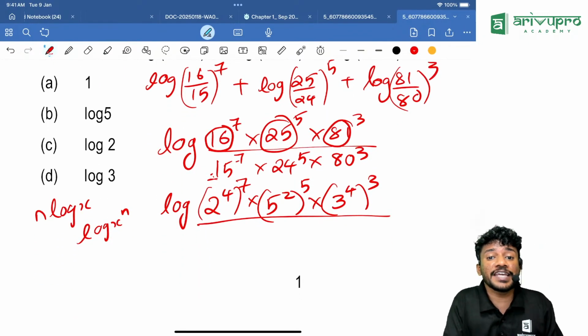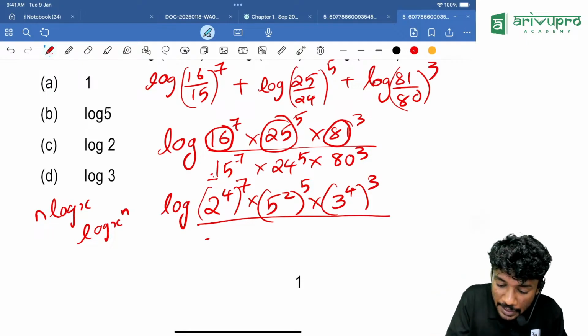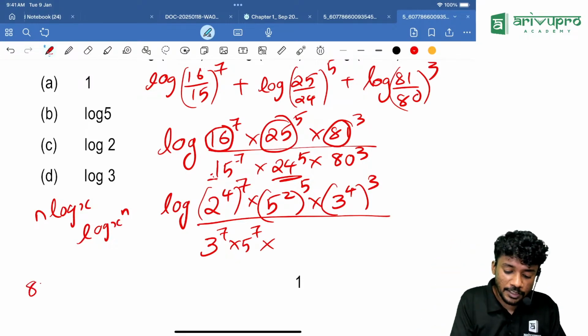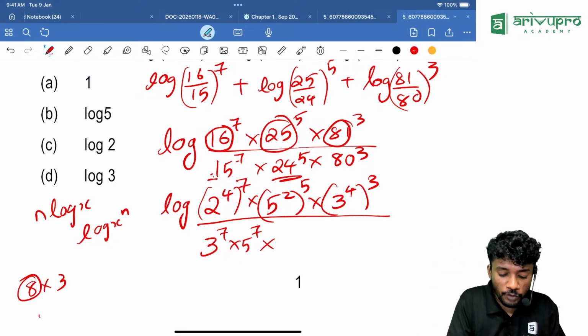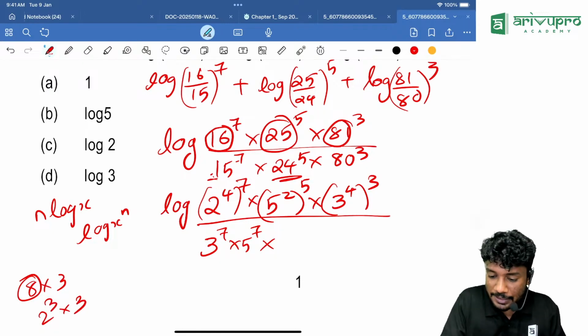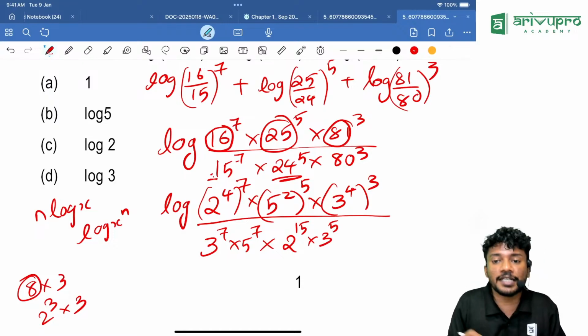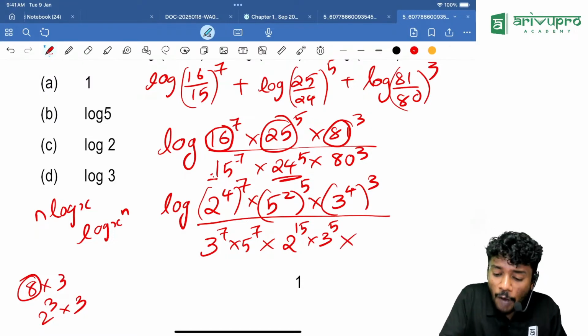How will you write 15? 3 into 5, so 3 power 7 into 5 power 7. Then 24 is 8 into 3, and 8 is 2 cube, so 2 power 15 into 3 power 5. Is that correct? Into, how will you write 18?